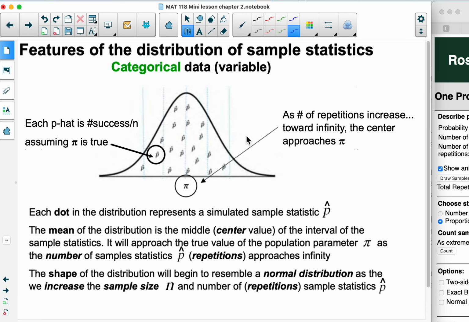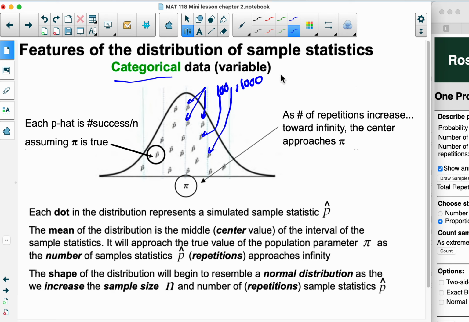So when we generate the distribution of sample statistics for categorical data, the computer is generating a simulated p-hat. However many repetitions we tell it, 100, 1,000 or more, the computer is going to generate that number of p-hats.